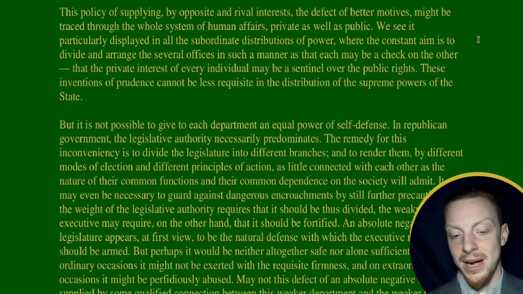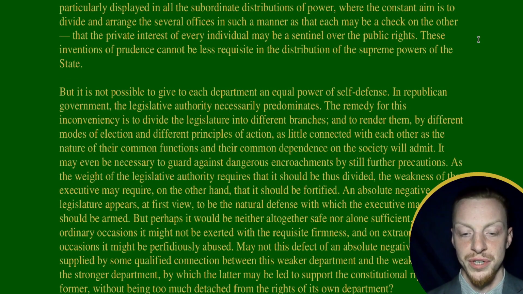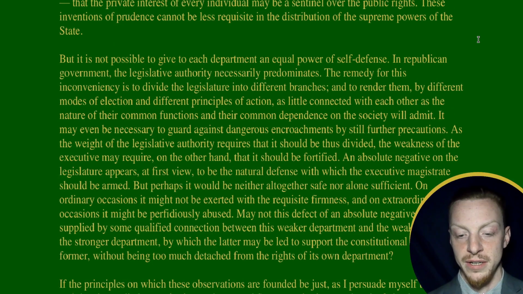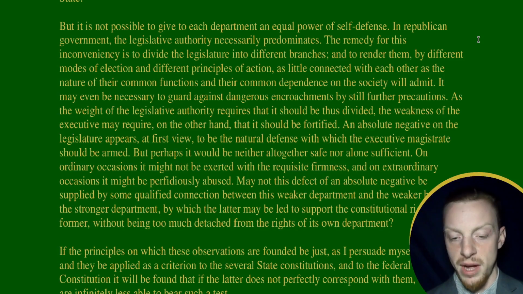This policy of supplying by opposite and rival interests the defect of better motives might be traced through the whole system of human affairs, private as well as public. We see it particularly displayed in all the subordinate distributions of power, where the constant aim is to divide and arrange the several offices in such a manner as that each may be a check on the other, that the private interest of every individual may be a sentinel over the public rights. These inventions of prudence cannot be less requisite in the distribution of the supreme powers of the state. But it is not possible to give to each department an equal power of self-defense. In republican government, the legislative authority necessarily predominates.